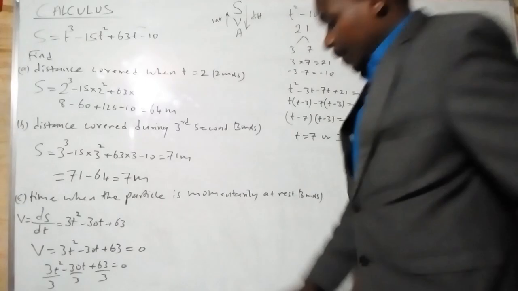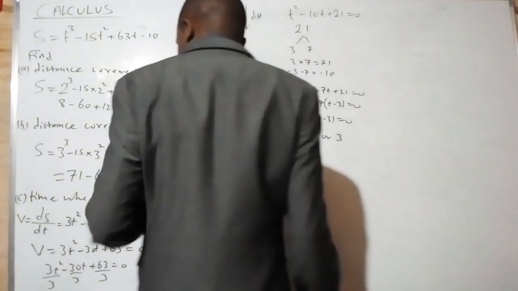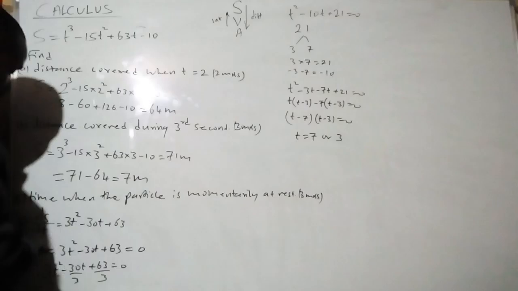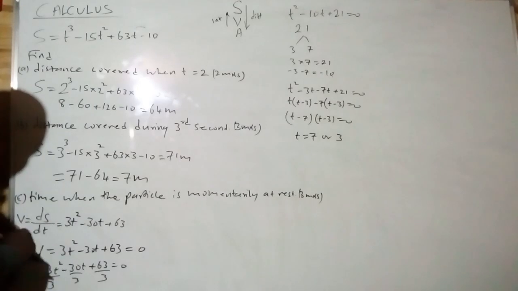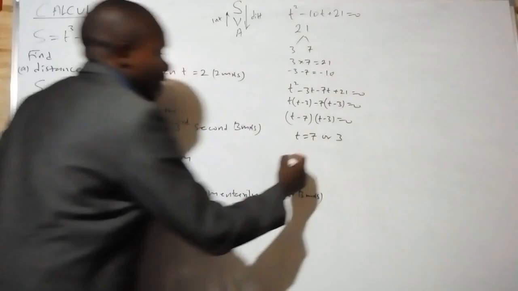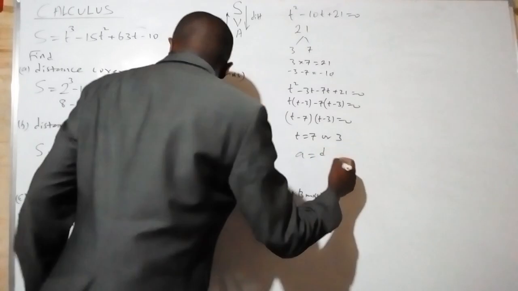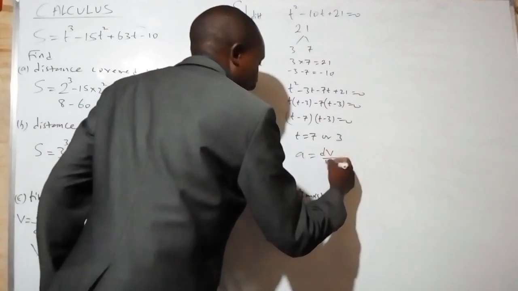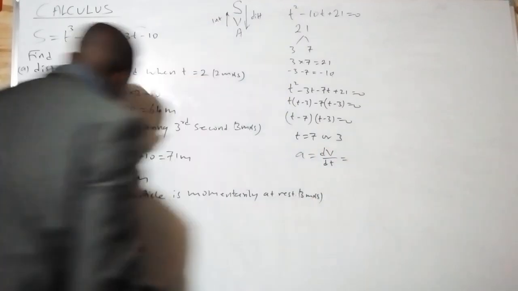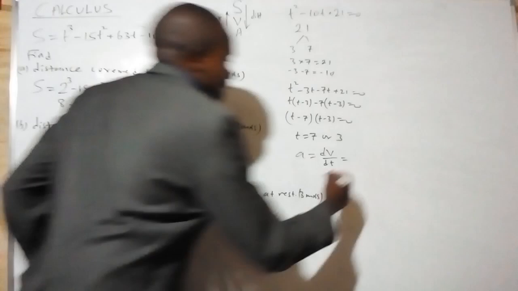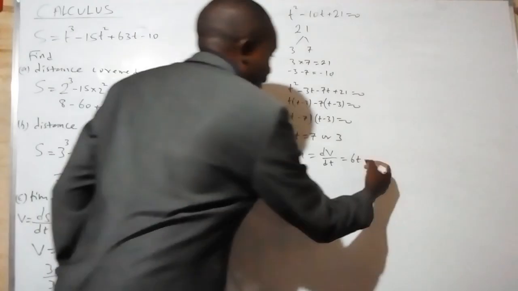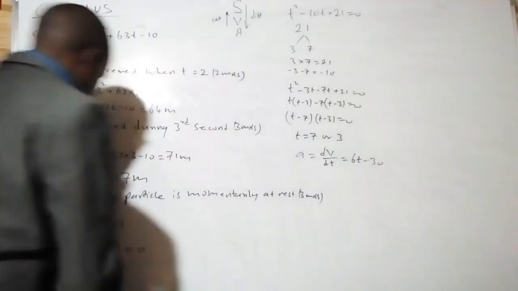We differentiate with respect to t, and say that a is equal to dv over dt, which is equal to 3 times 2 is 6, 6t minus 30. This is the equation for acceleration.